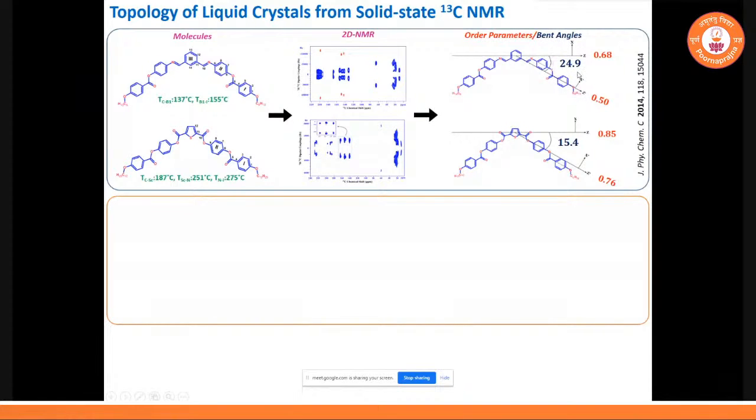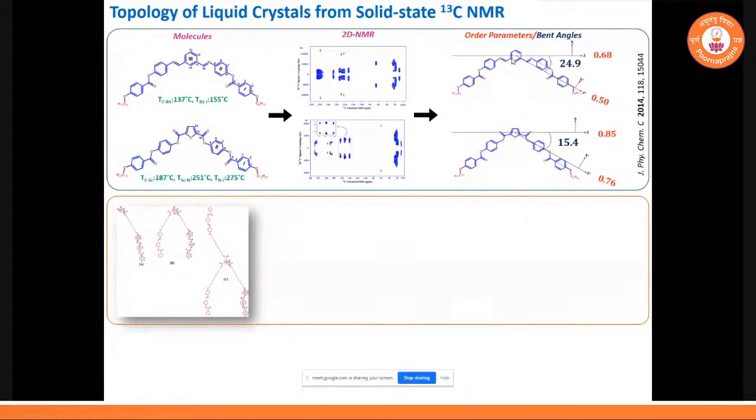That came around 25 degrees, whereas in the case of the thiophene substituted liquid crystal, we found the angle is around 55 degrees. That is well within the accepted value. So using NMR, I can get molecular level information. I can talk about what is happening at this ring, this ring, this ring, because we are dealing with nuclei.